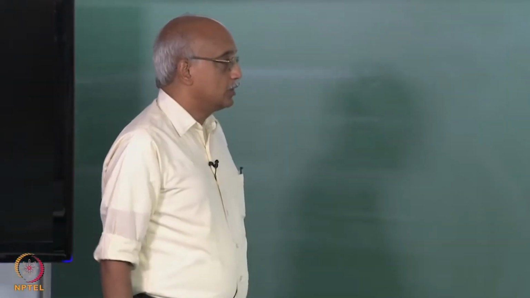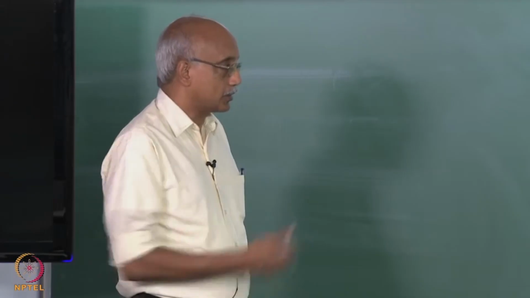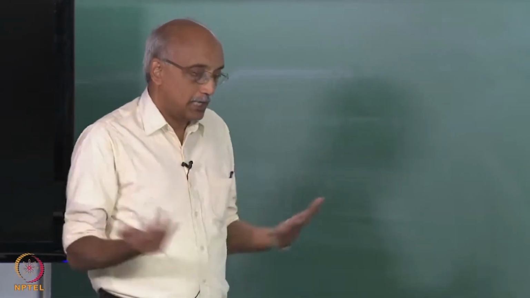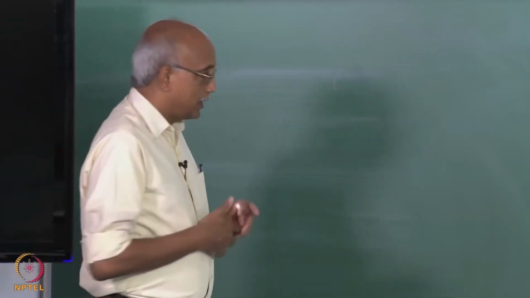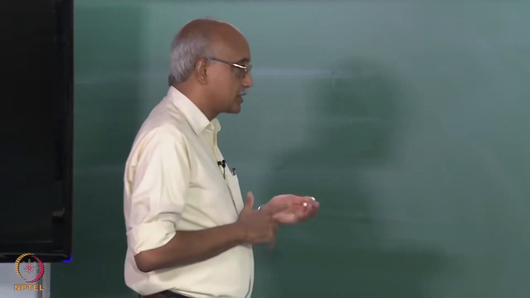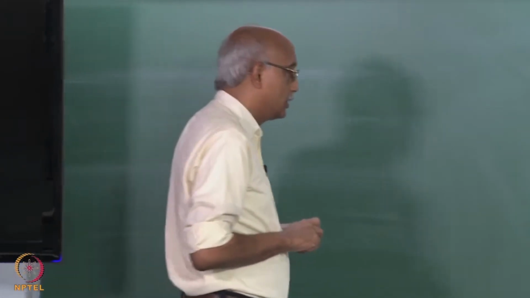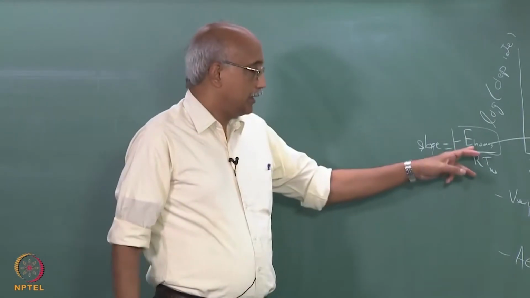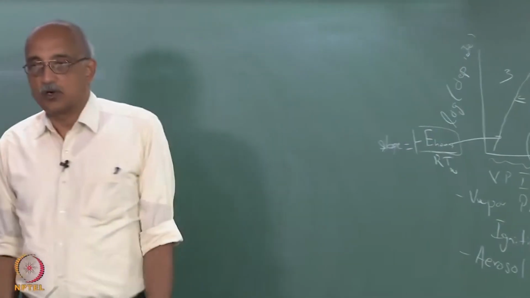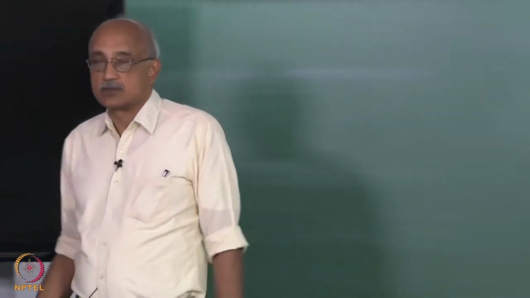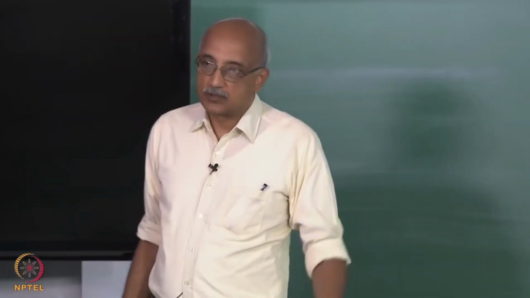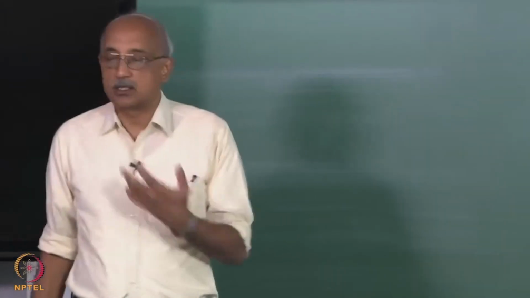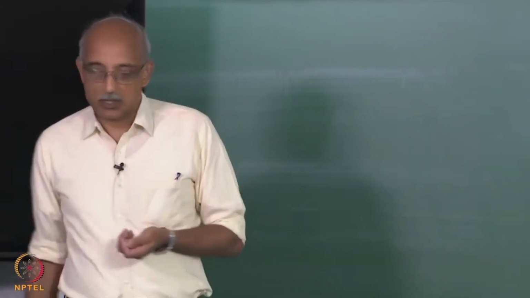If you are to take a look at this and try to develop a model for it, one of the things that helps us in terms of doing the analysis is to use what is known as an asymptotic analysis. Typically, the activation energy for homogeneous reactions is very large, and that is the reason why the homogeneous reactions do not occur as readily as heterogeneous reactions.